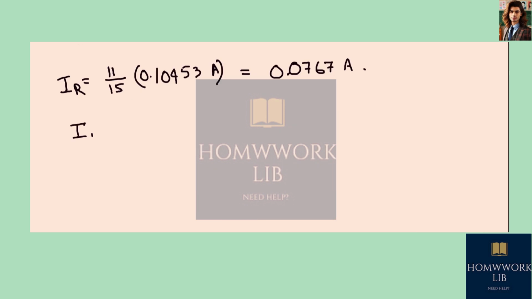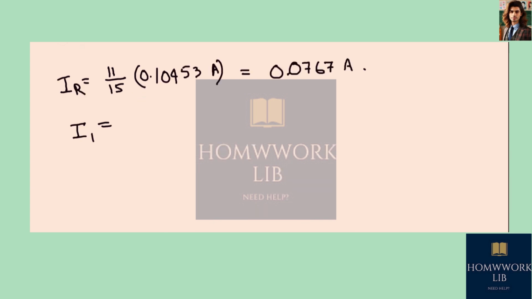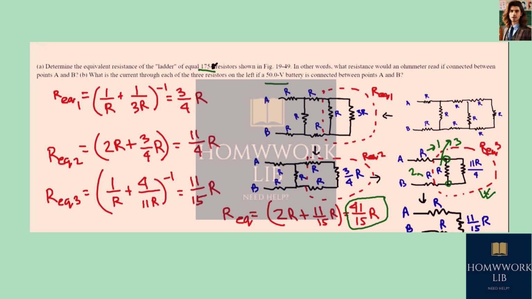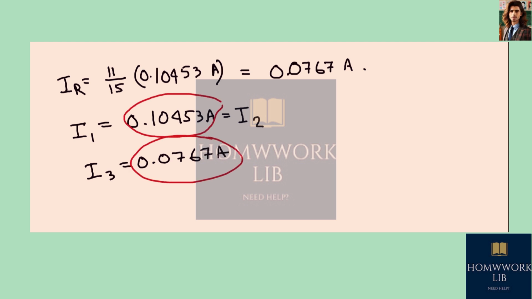So for the first one, it's the total current, which is 0.10453 amps. And for I2, it's the same, and I3 is 0.0767 amps. Thank you.